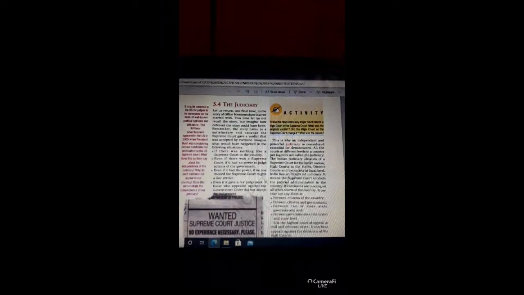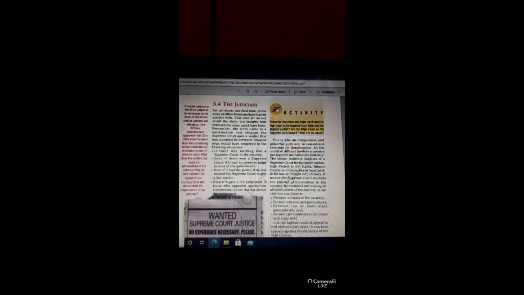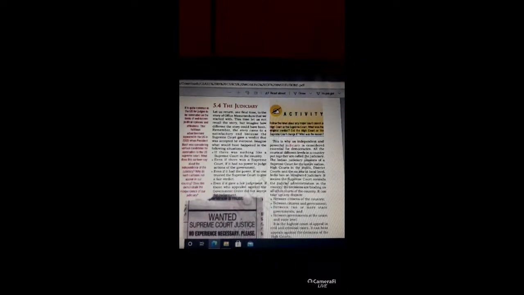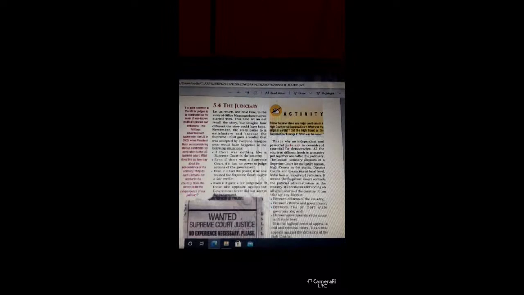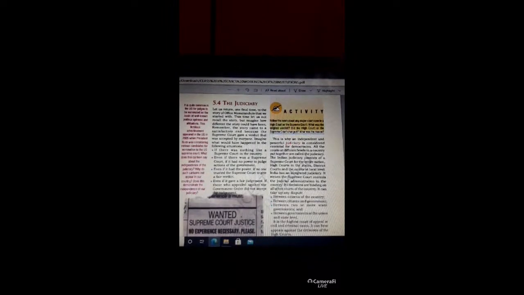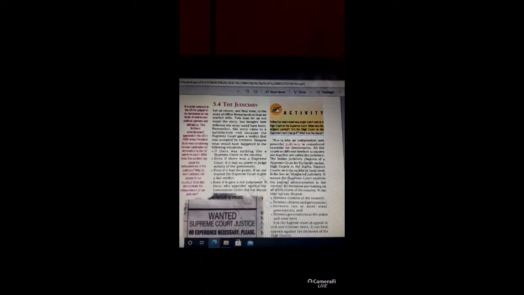So it can take up any dispute. Any type of dispute can be resolved by the Supreme Court. Now, what are the disputes? First is between citizens of the country. Suppose there is a riot where huge numbers of people are involved, that type of case goes to the Supreme Court. Next is between citizens and the government.